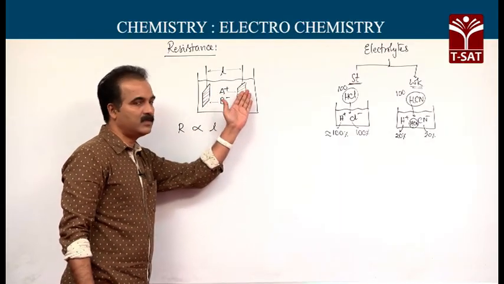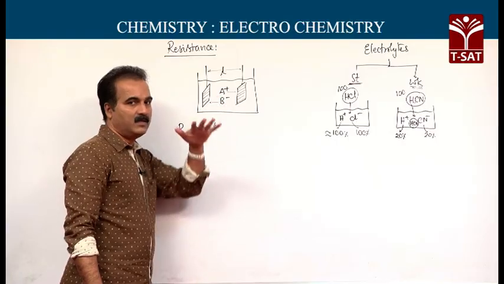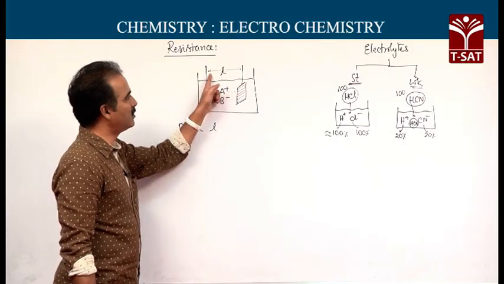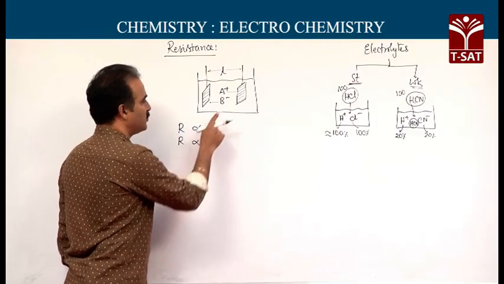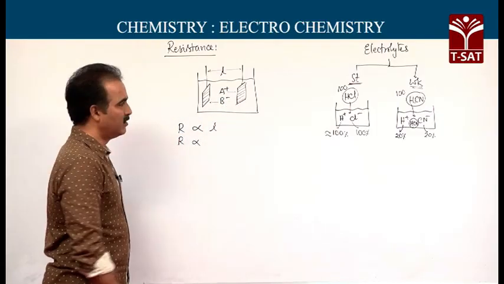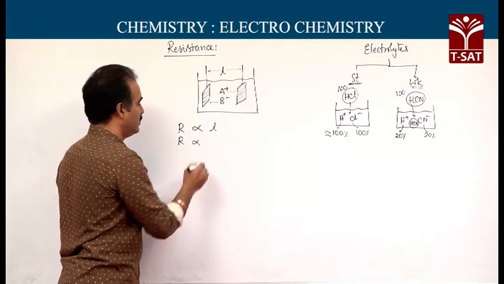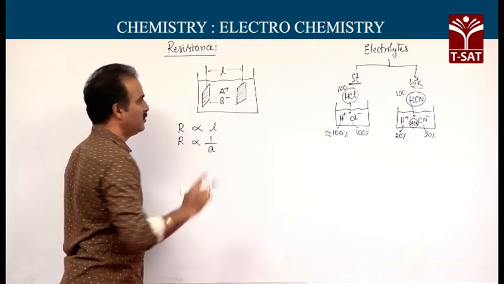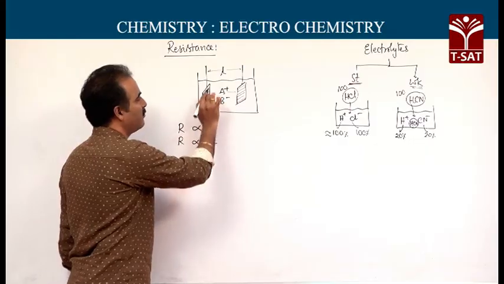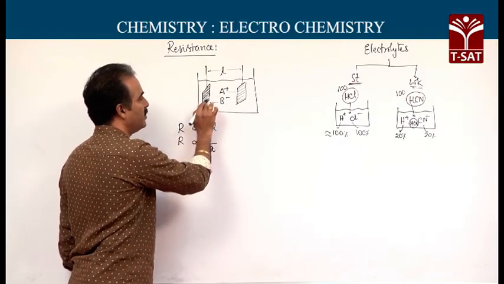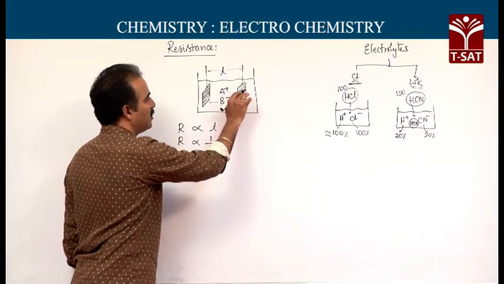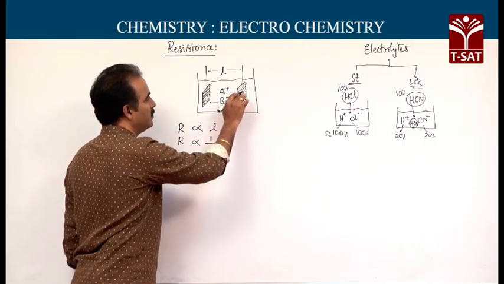A+ and B- migration is very much suppressed due to larger separation between the electrodes. The resistance experienced by the electrolyte ions when they conduct current is inversely proportional to the area of cross section. Area of cross section means this one. So, the surface area of the plate also decides electrolytic conductance.